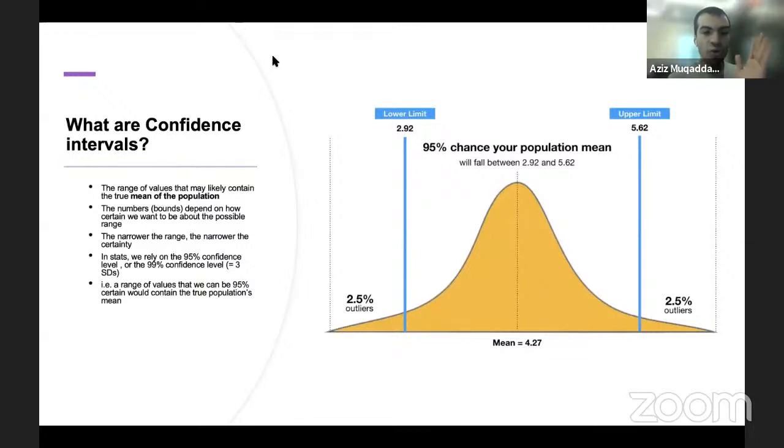We would draw what we call the confidence intervals. The confidence intervals are the limits, upper and lower, by which we say anything that falls between those two limits would be considered just a random variation on the same population, right?